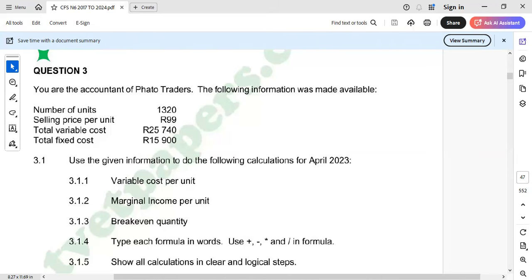Okay, let's look at the question paper. Okay, now let's look at this part now.